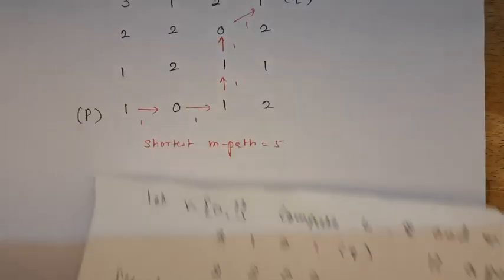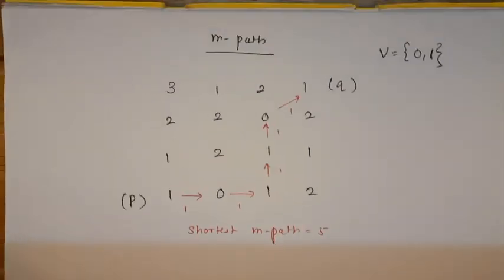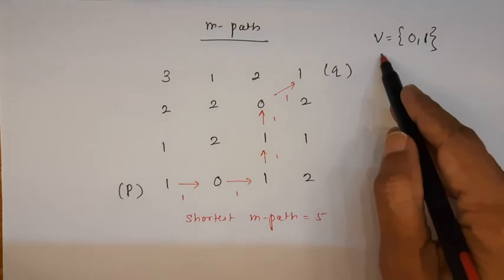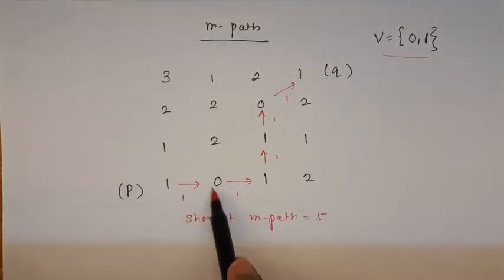Okay. Now we will see the M path. For M path, you have to write the image matrix again. What is the definition of M path? The pixel should be in N4(P) and also satisfy set V. Set V is 0 and 1, and if it is satisfied, you should not go for the second condition. So the first condition is satisfied.